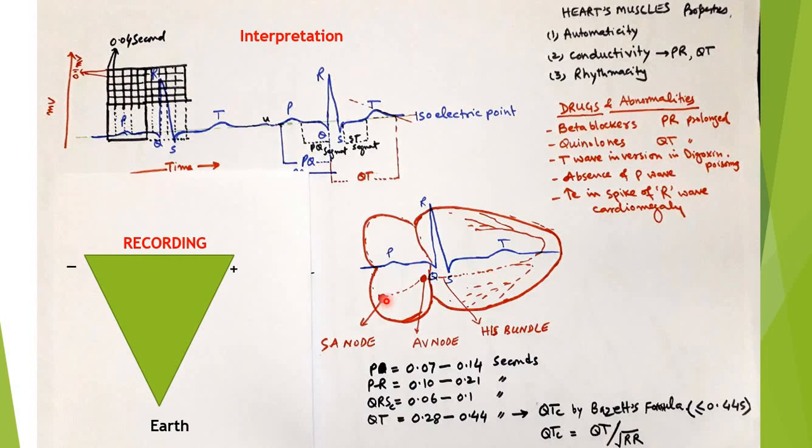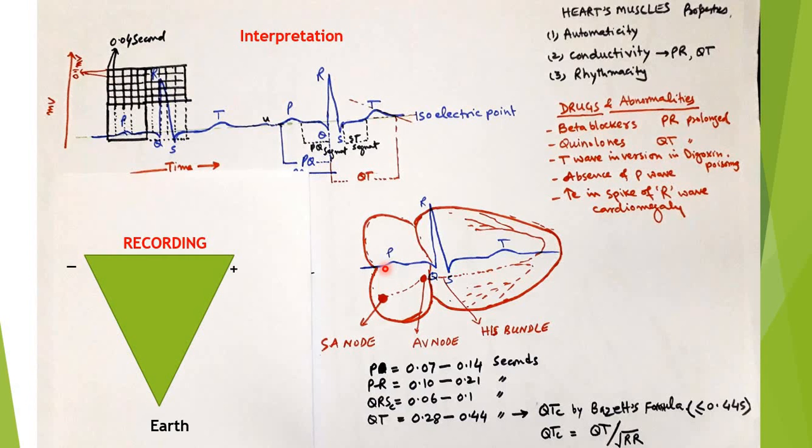Since there is automatic and spontaneous generation of electrical activity, the auricle depolarizes first, and once it depolarizes, it contracts and pumps the blood into the ventricles.